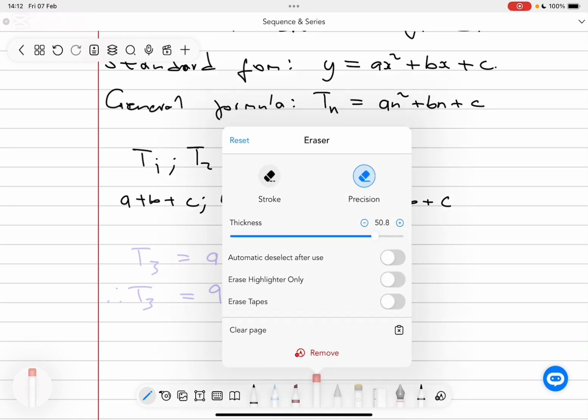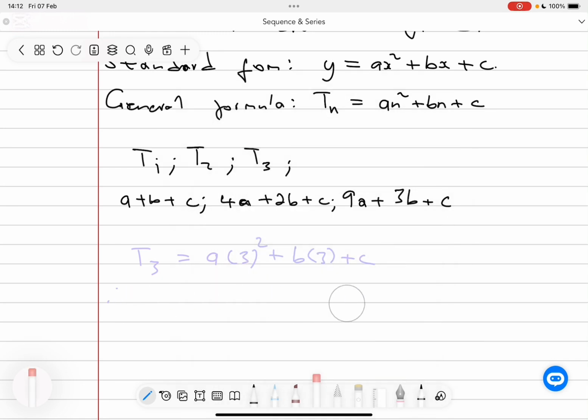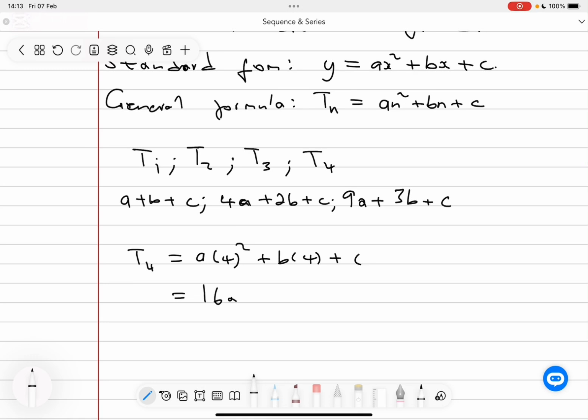Now we are going to look for the fourth term as well, T4. I'll run the same mathematics here to say T4 is going to be given by a times 4 squared plus b times 4 plus c. But we all know that 4 squared is 16, so that I have 16a here, because a times 16 is just 16a.